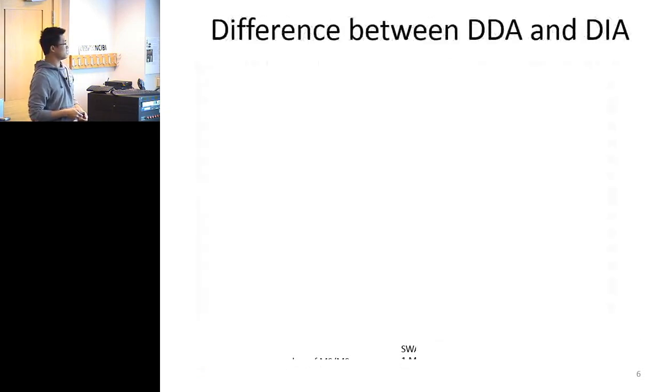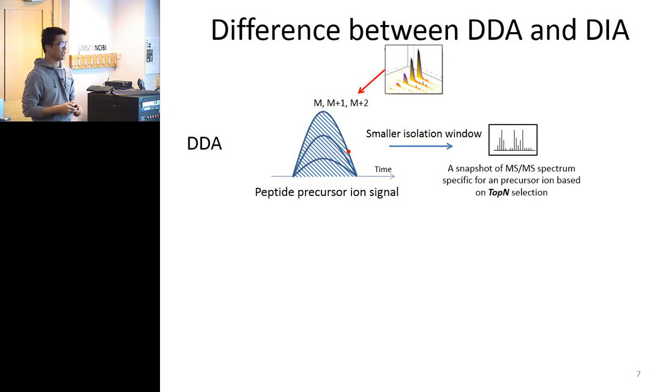So the difference between the two types of analysis is here. You can think the peptide ion signal in the LC gradient will look like this, there's a peak shape. In data dependent, it's just one snapshot for the whole peak curve, and this MS/MS spectrum will be searched by the database search.